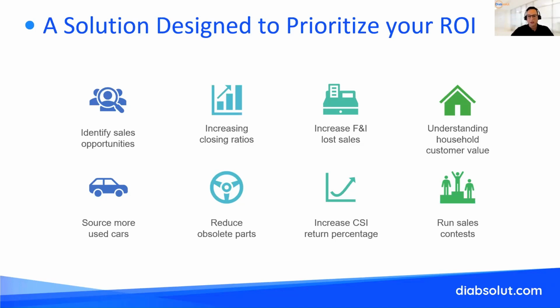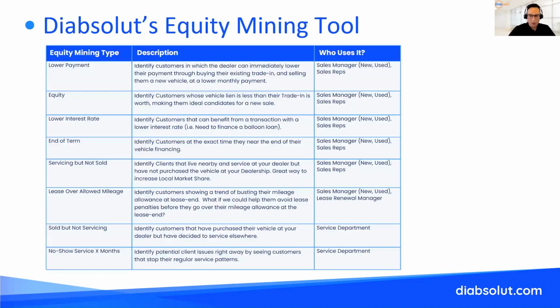Now we'll just go to the next slide here, where we'll kind of double click on the equity mining tool. So this is something that The Absolute has developed that sits on top of Auto Cloud. And it's so important as a tool because it really allows you to sell more immediately and increase your ROI, being able to justify putting money into a software, which is hitting your financials every month.